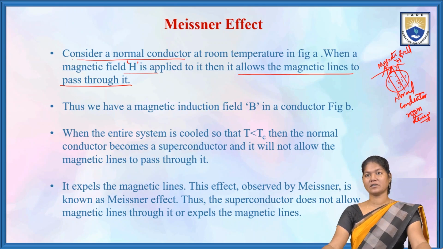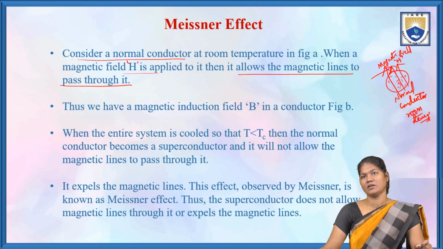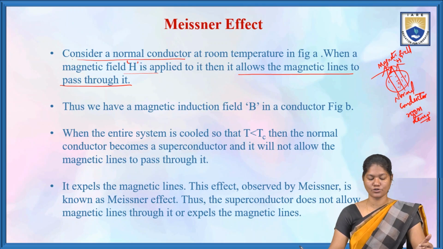So normal conductor at room temperature, when magnetic field is applied, allows magnetic lines to pass through it.